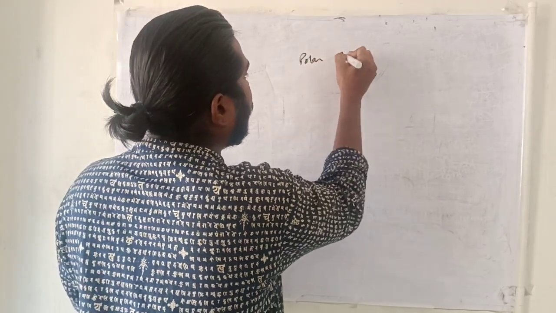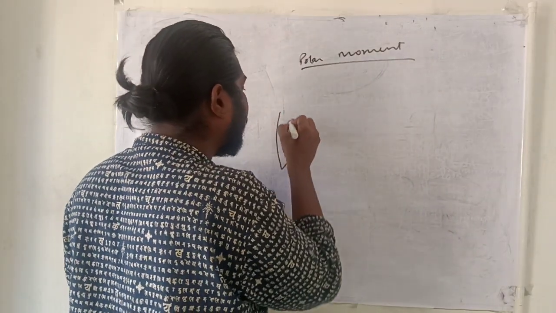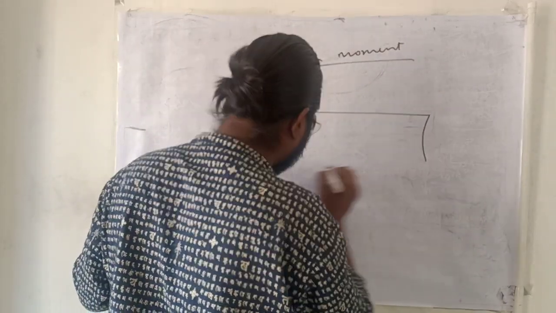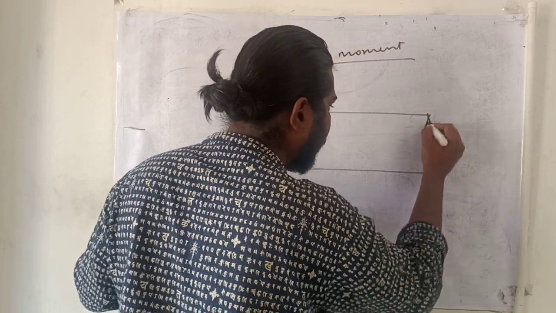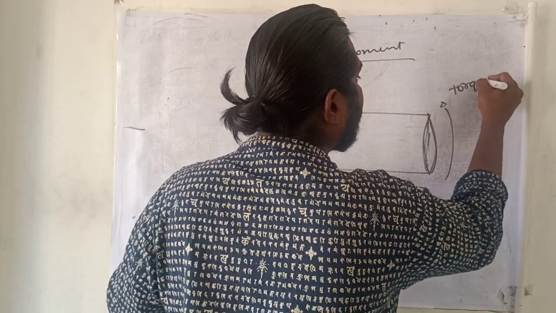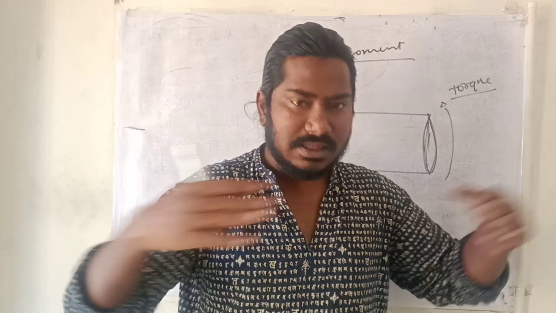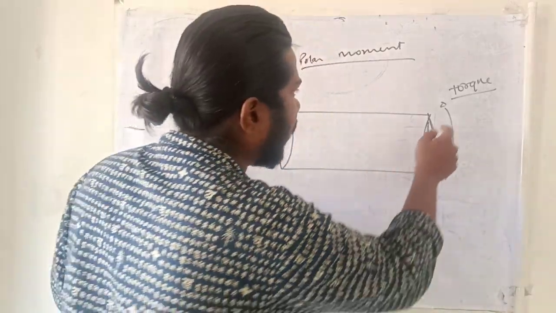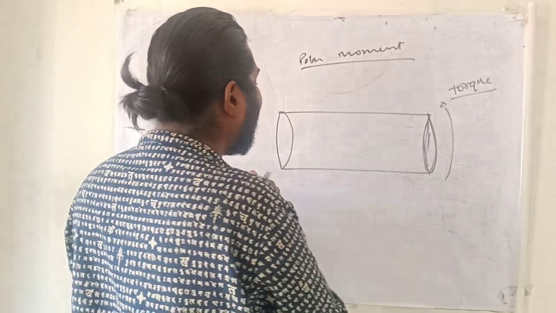If I talk about the polar moment of inertia, take a cylindrical bar and start to apply the torque. Just consider this: in your vehicle, this is the shaft, and along the shaft you have applied the torque at the edges.